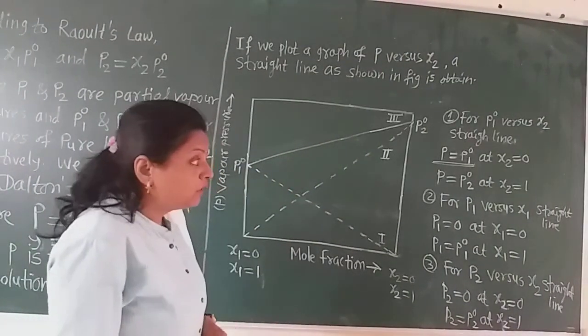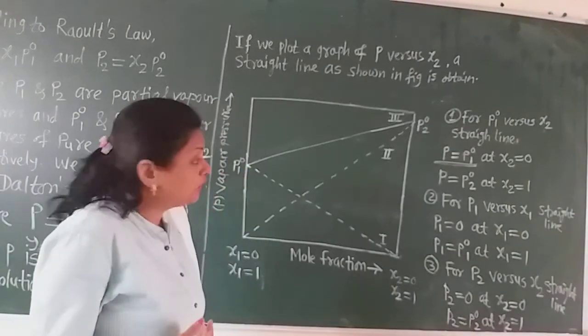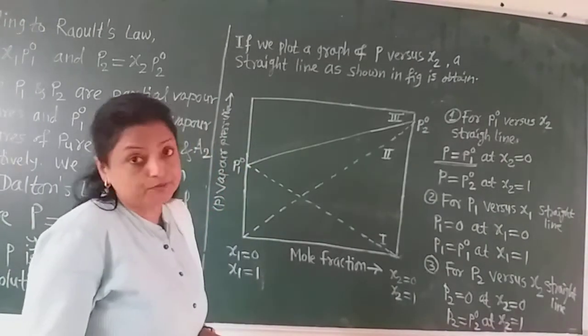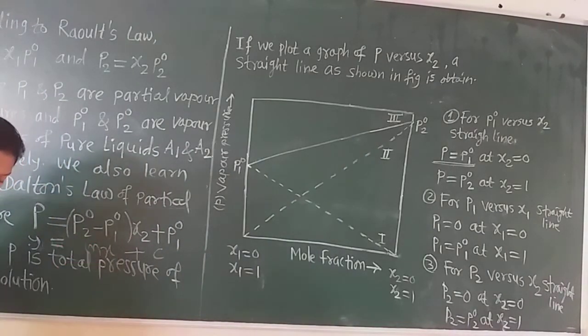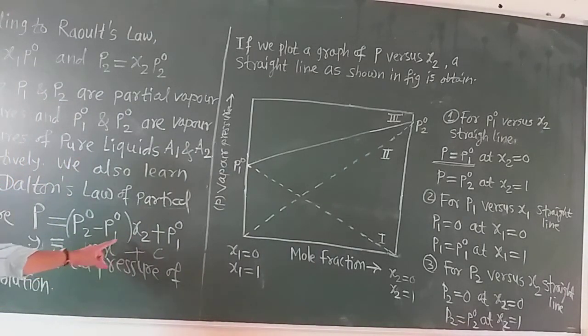But if we put x2 equal to 1, then what happens? All these quantities, P02 minus P01, get multiplied by x2 equal to 1.